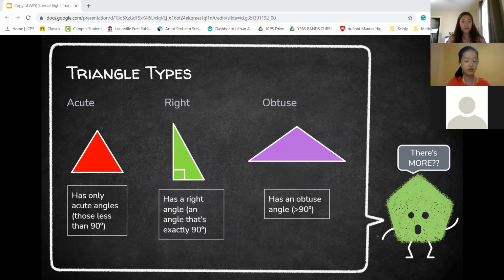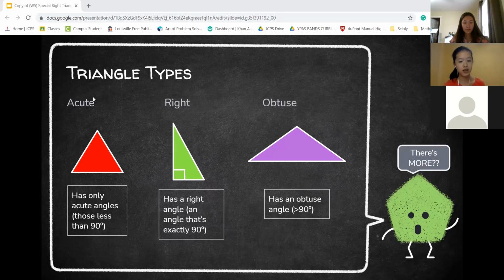There's a second way to classify triangles. The way that Kayang just explained uses the side lengths of a triangle to see if they're the same or not. You can also classify triangles based on angles. Acute triangles have all three angles less than 90 degrees. Right triangles have one angle that is exactly 90 degrees.